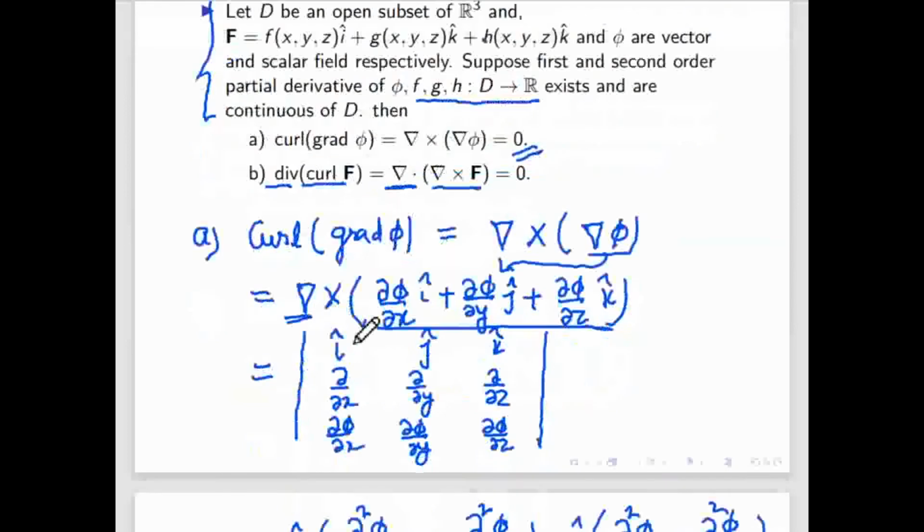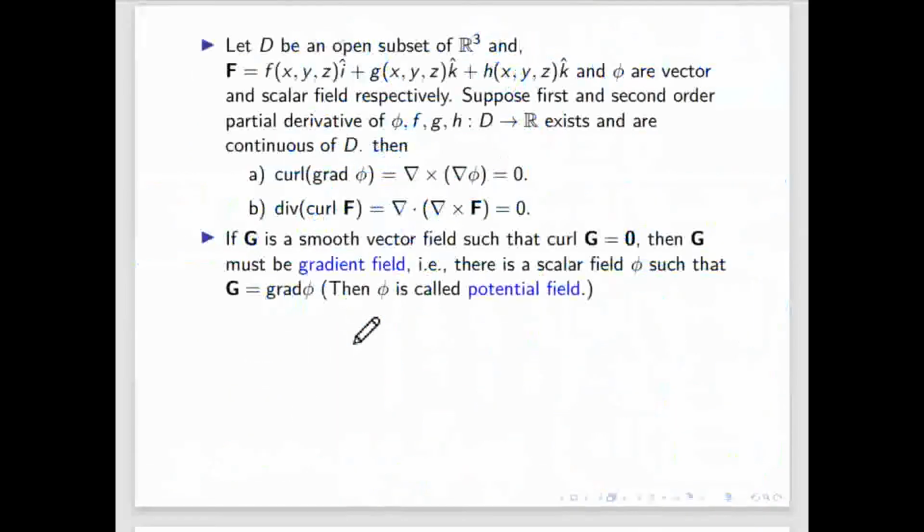Now I will define two more definitions and then I will stop for today's class. Based on this question, suppose grad phi in part A is something g, then curl of g is 0. So this result says that if g is a smooth vector, meaning its partial derivatives exist and are continuous, and the curl of g is 0, then g must be a gradient field.